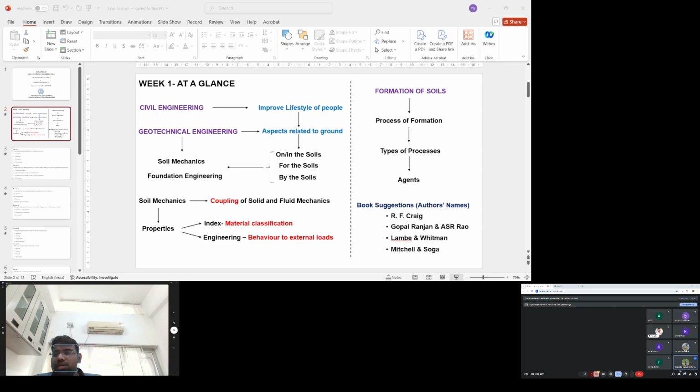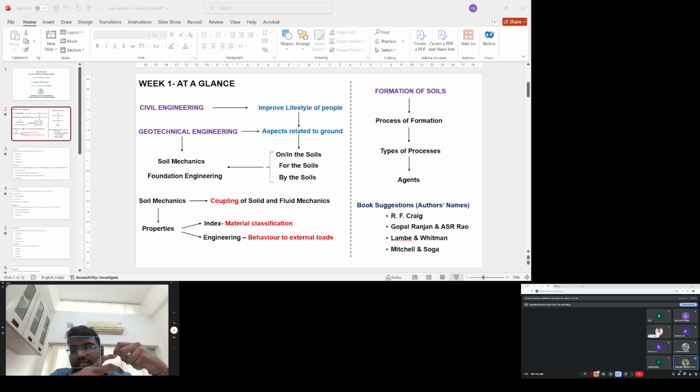Essentially the properties of the soils are of two types: index properties and engineering properties. Index properties are used to classify the material itself. What type of material is it? What are the sizes?